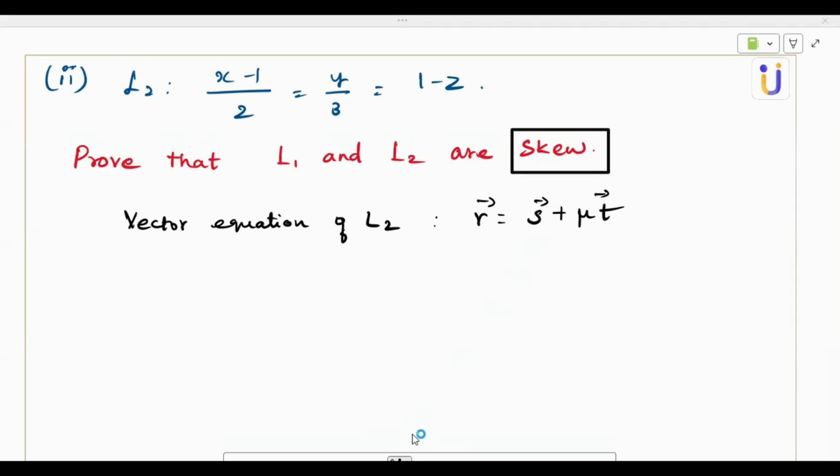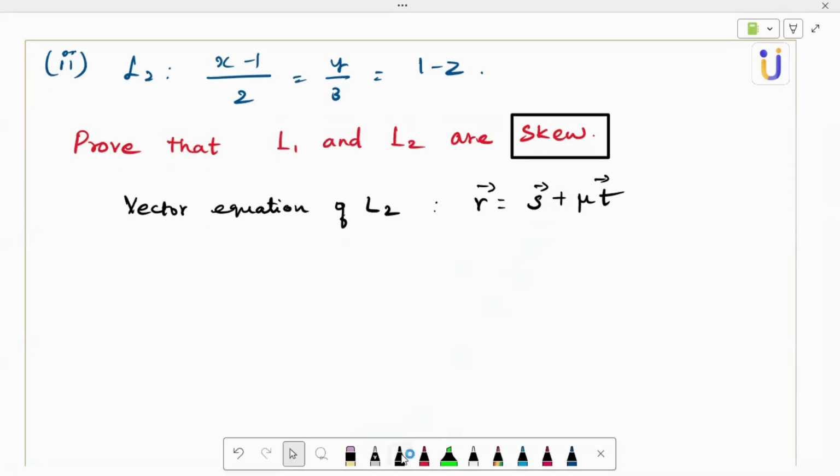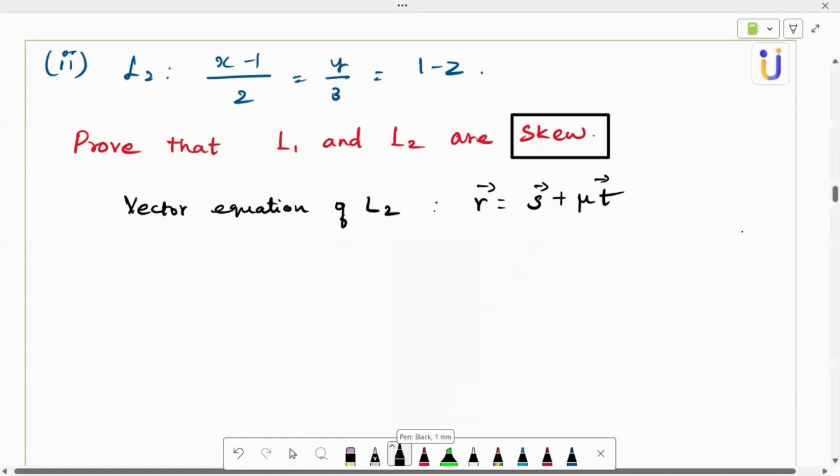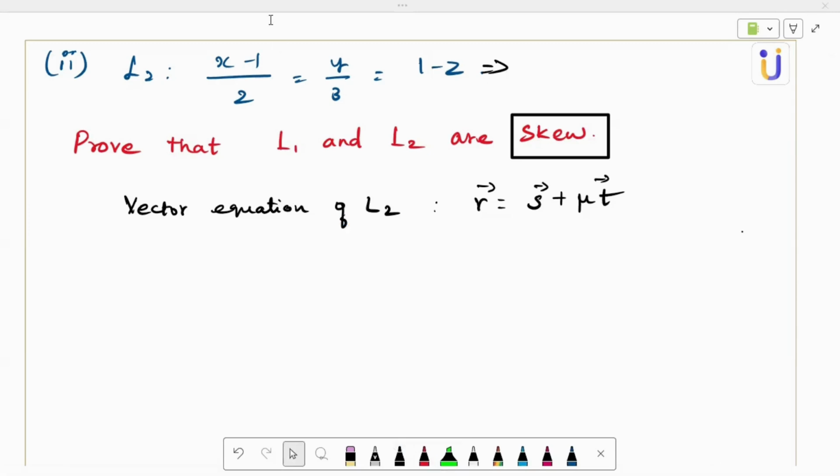Here, from the Cartesian form, if the points are given, we have tried. Here points are not given, but to find them we have to convert the Cartesian form in this manner. Let me show you how the standard Cartesian form is given in our formula booklet, and this is how it should look.